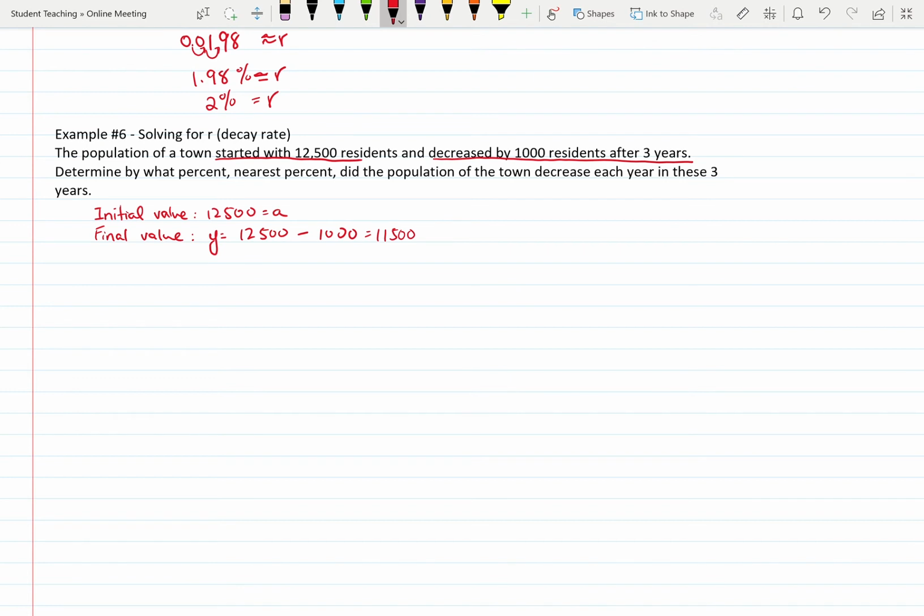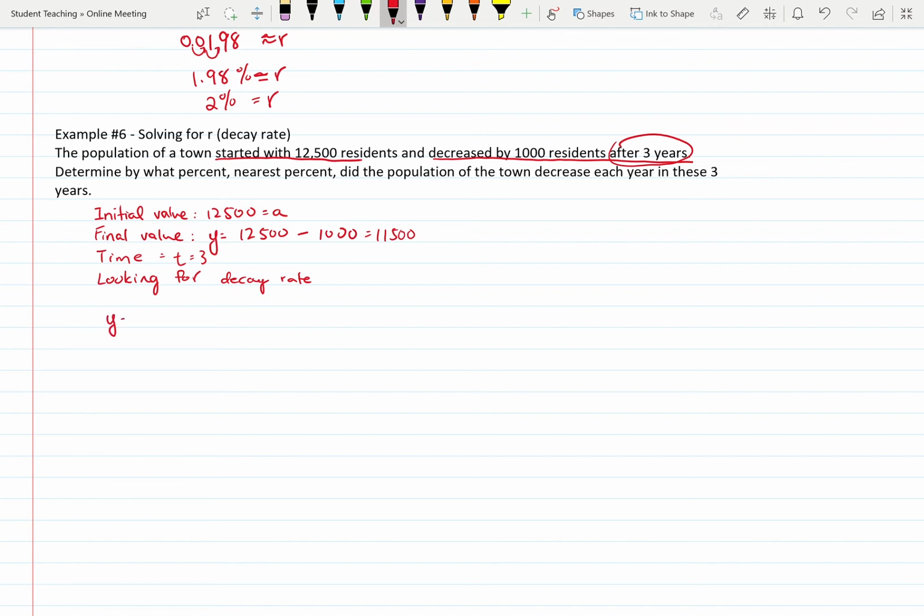Now this information tells you that the time is t equal to 3. We are looking for the decay rate. So we need to use the decay function.